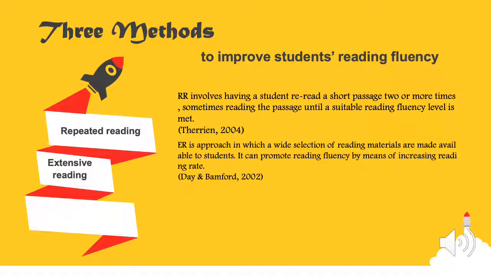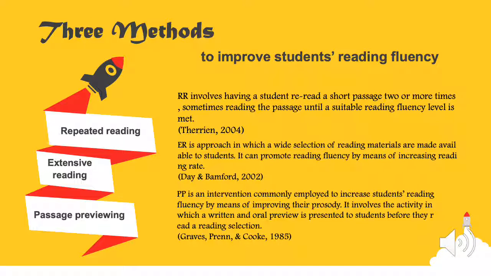It can promote reading fluency by means of increasing reading rate. The third method is passage previewing. It is an intervention commonly utilized to increase students' reading fluency by means of improving their prosody. It involves the activity in which a written and oral preview is presented to students before they read a selection.